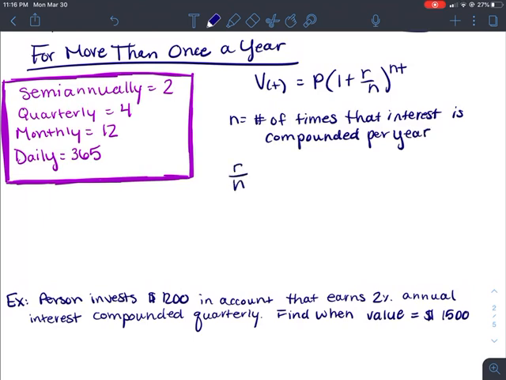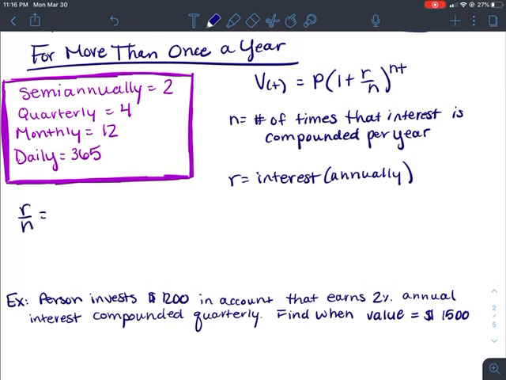r over n equals the interest rate. Well, here, we're just going to say r equals the interest rate still, annually. And nt is your interest compounded in years. You don't really need to know what that means, but I will write it out for you anyway.